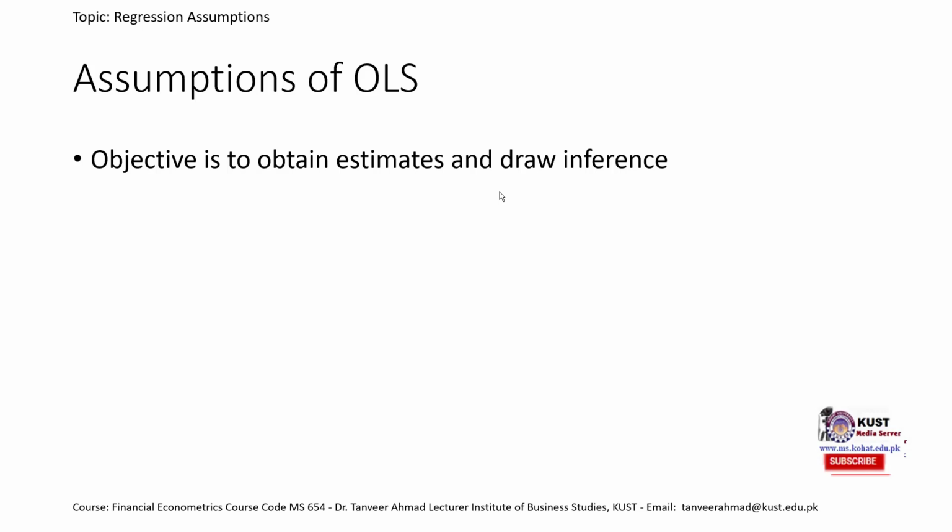But to draw a valid interpretation or inference from the estimates that we have obtained from the OLS technique, there are certain assumptions that the technique makes about the independent variables and the error term, and those assumptions need to be fulfilled before we can reliably interpret the parameters obtained using the OLS technique.